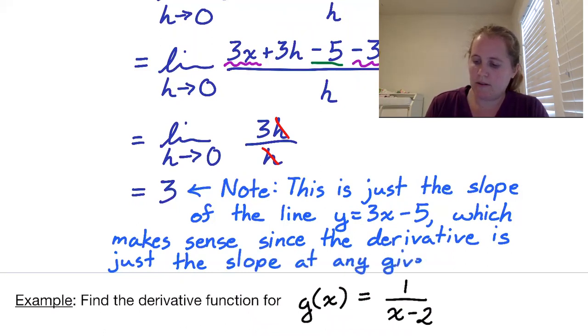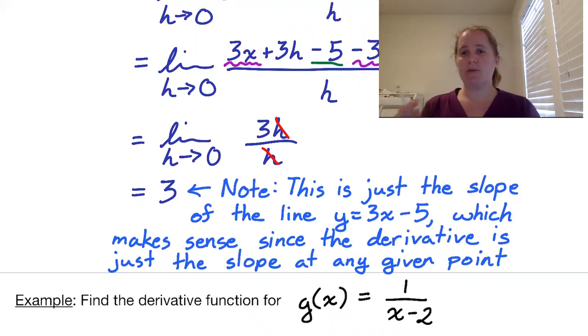So if we take a line, it has constant slope, right? A line that's the same slope all the way through. So the derivative should just be precisely that slope everywhere.